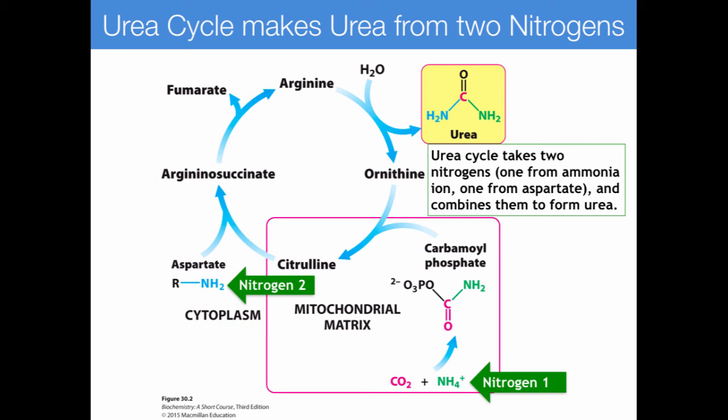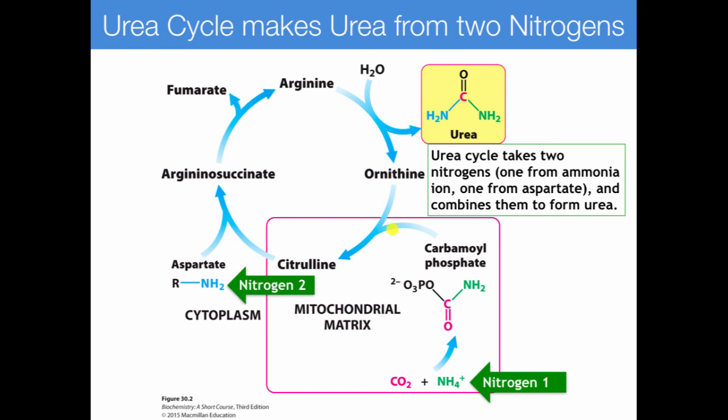So the urea cycle and the TCA cycle are actually intrinsically linked in the liver. And unlike the TCA cycle, which completely occurs in the mitochondrial matrix, the urea cycle actually is separated.